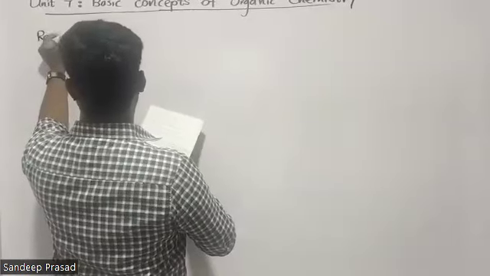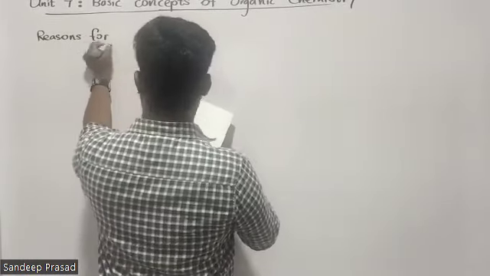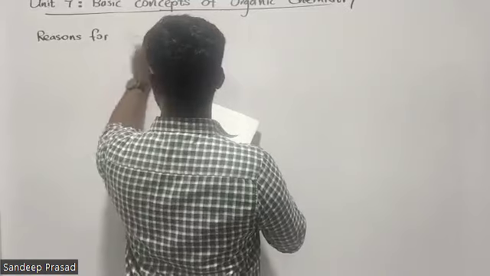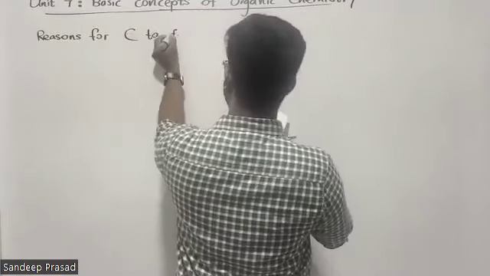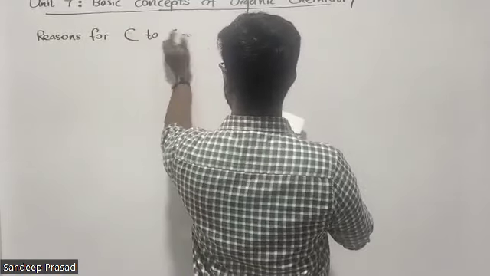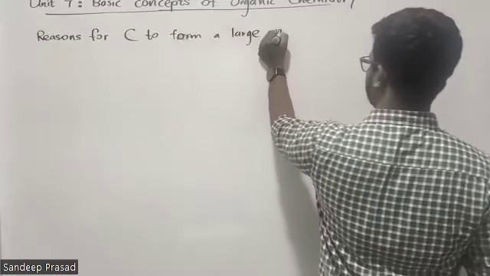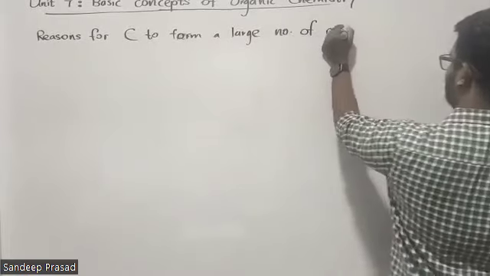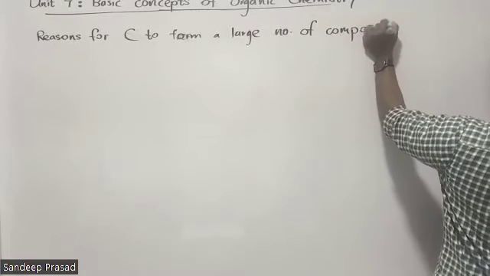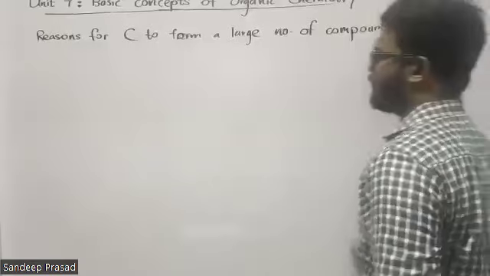So, reasons for carbon to form a large number of compounds. So let's see one by one. You have to remember these things, right?